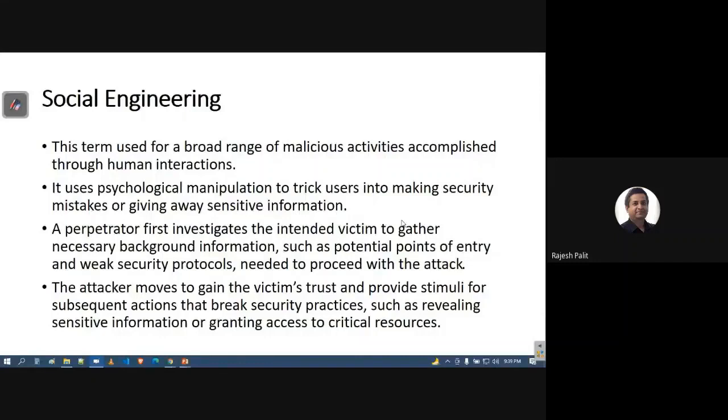They study background information, such as the potential points of entry and which security protocols are needed to proceed with the attack. Then the attacker moves to gain the victim's trust and provide a stimulus for subsequent actions, so that you trust them, that break security practices such as revealing sensitive information or granting access to critical resources.